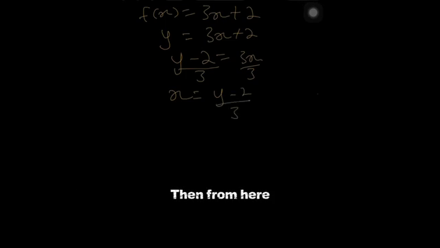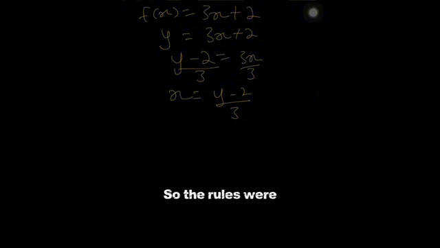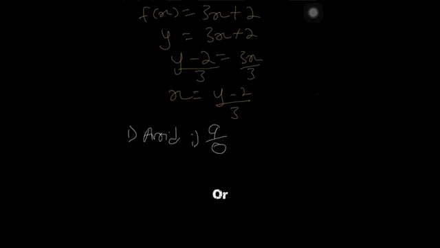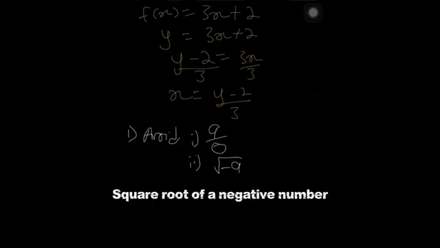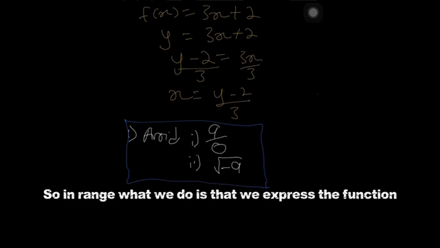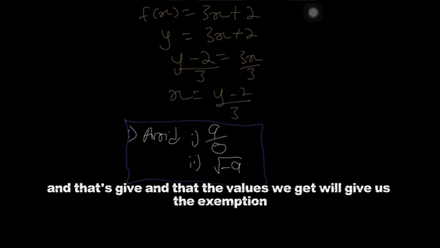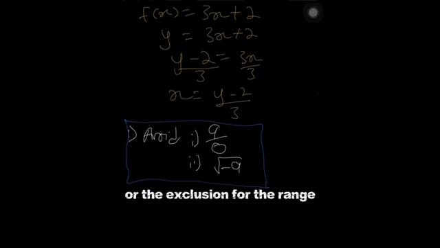Then from here, we apply the same rules we applied when solving for the domain. The rules were that we should avoid getting a number over 0 or the square root of a negative number. So in range, what we do is express the function in terms of y, and then we apply the same rules, and the values we get will give us the exemption or the exclusion for the range.